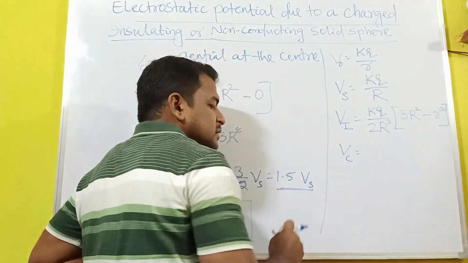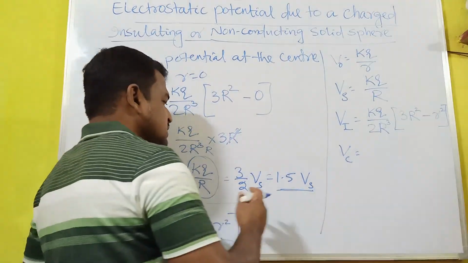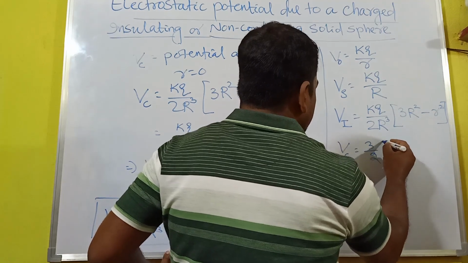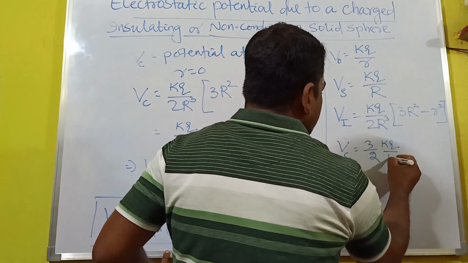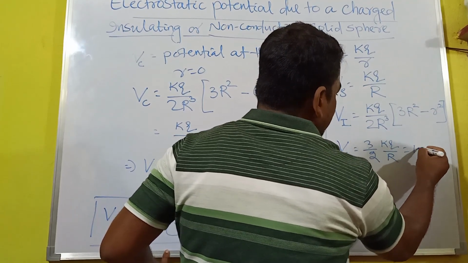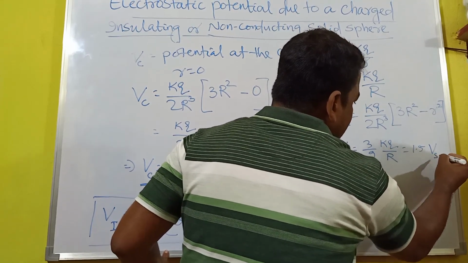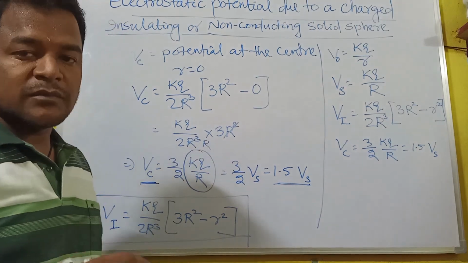Potential at the center of the sphere is how much? It's 3 by 2 kq upon R. That means 1.5 times that of the potential on the surface of the sphere.